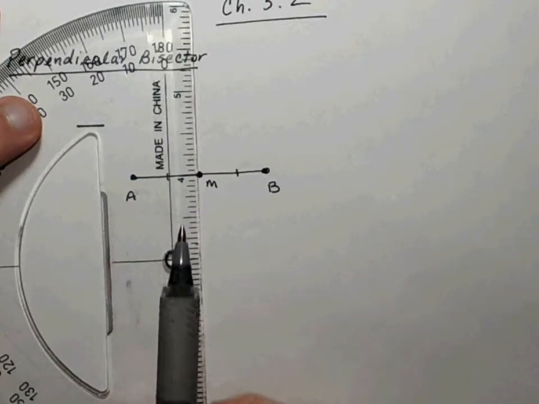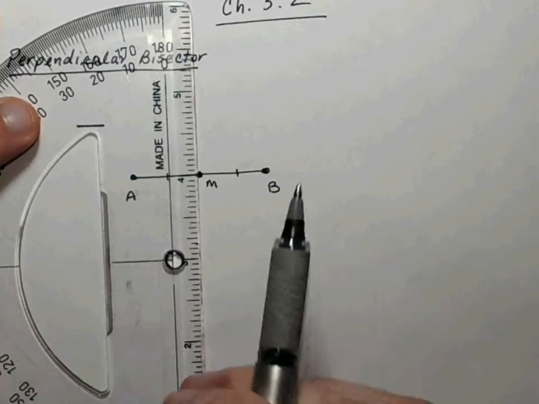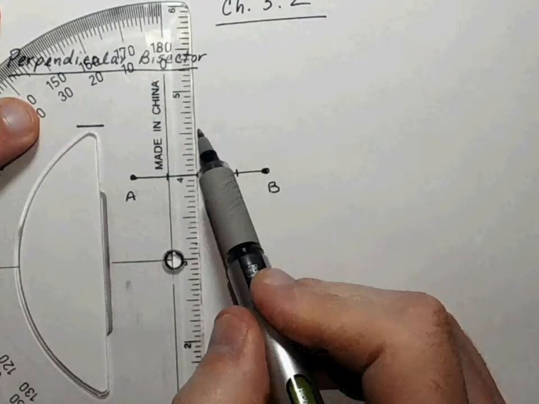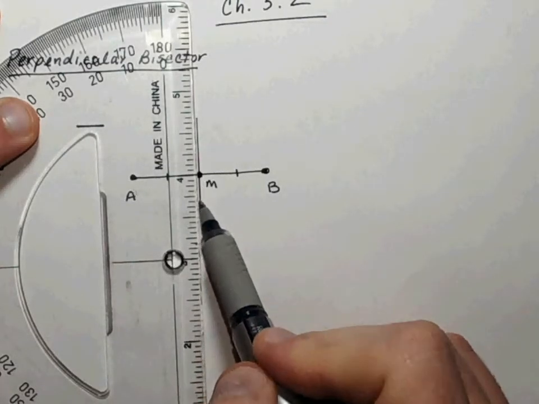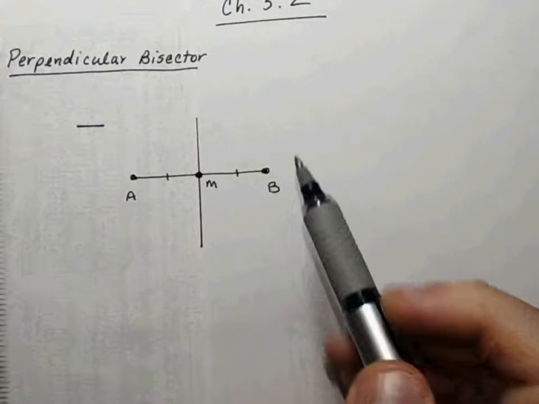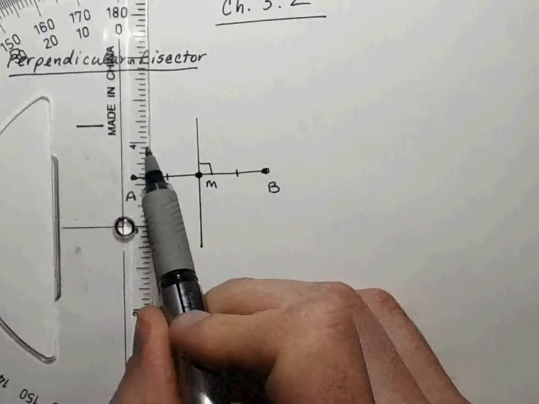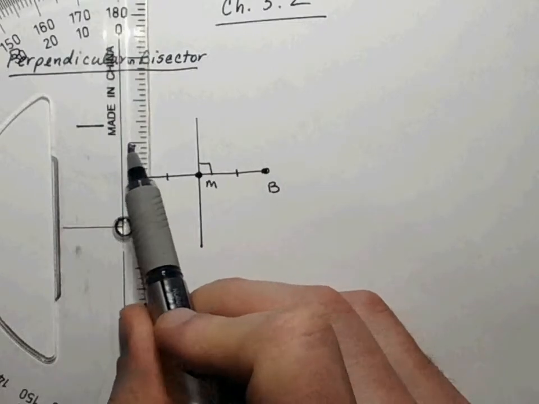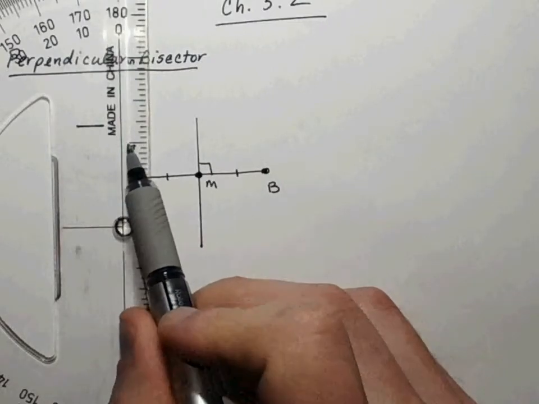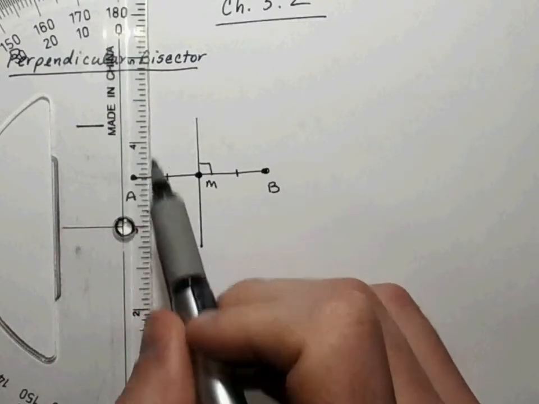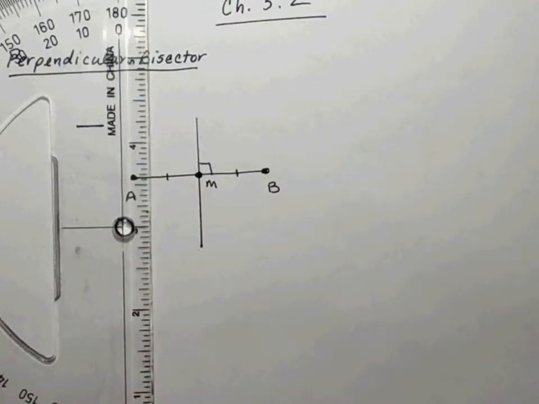Now that I'm at my midpoint, I can draw this line on the edge of my ruler, and I know that this is perpendicular because the line on the 4 and the edge of my ruler form a 90-degree angle.